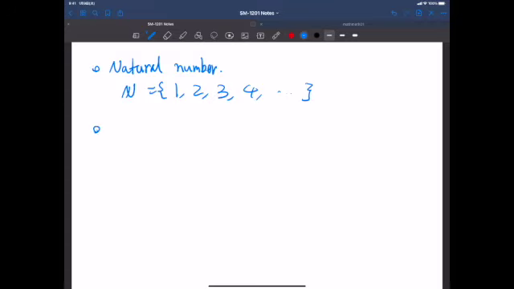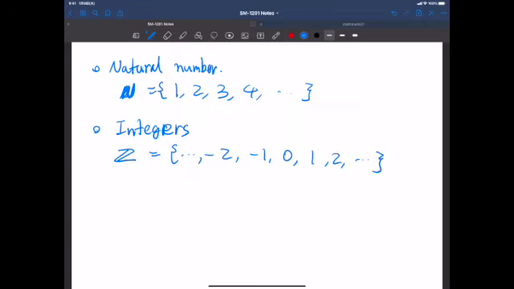and the second set is, of course, integers. The set of natural numbers is denoted by this bold N, and integers are denoted by this Z. Okay, so this includes negative numbers like -2, -1, and also 0, 1, 2, and so on. And we don't exactly define integers, but we just assume you already know what they are.